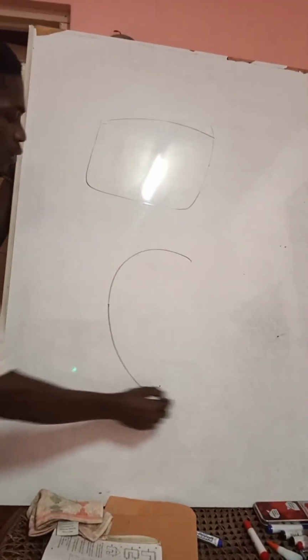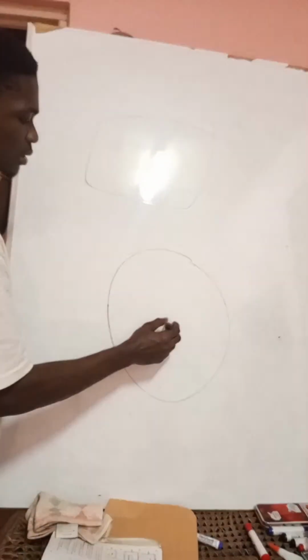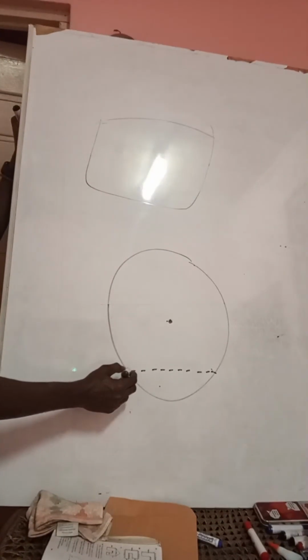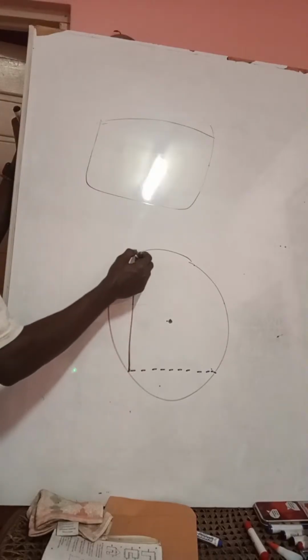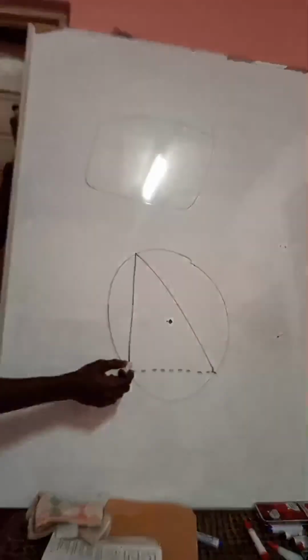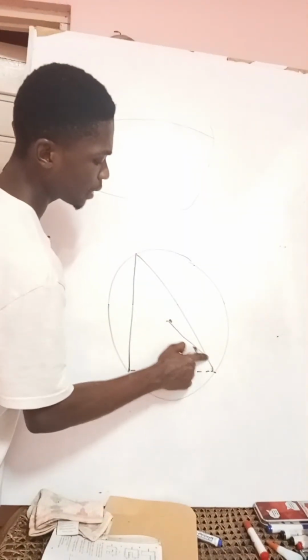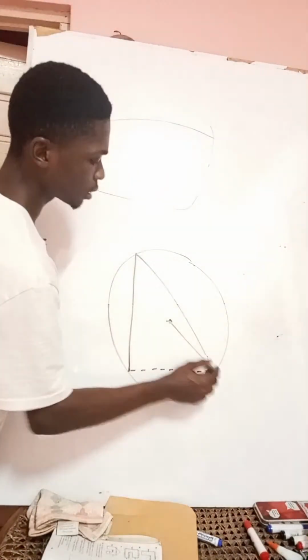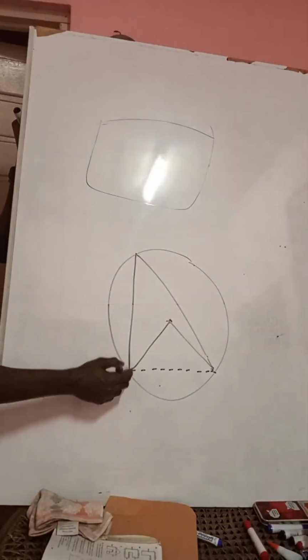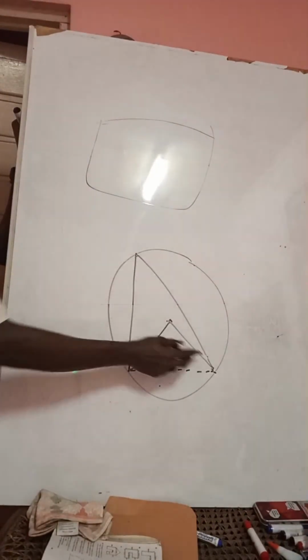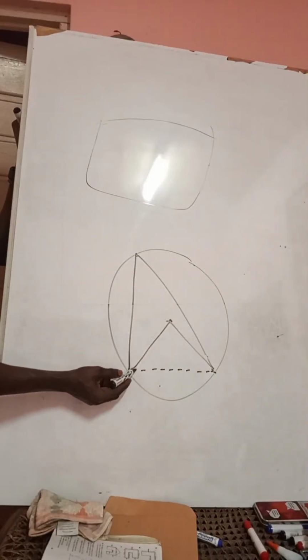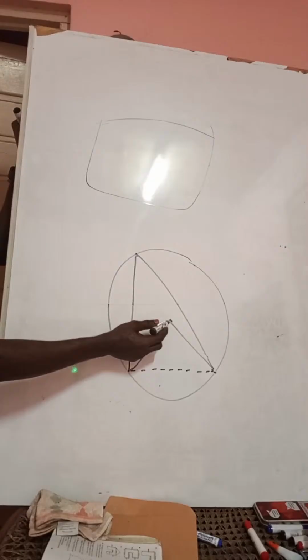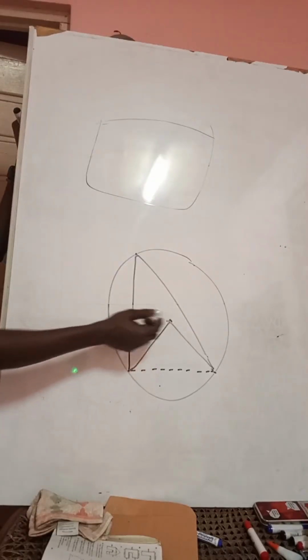And the next one we talked about is another property, whereby if you have a circle here, and this is the center, and this is the chord, and you draw two triangles that have the same chord, but one triangle touches the circumference, and the other doesn't touch the circumference but touches the center.